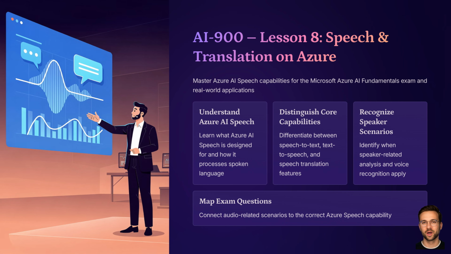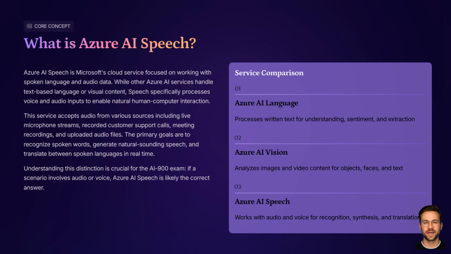Let's start with the overall idea. Azure AI Speech provides services to work with spoken language, while Azure AI Language focuses on text, and Azure AI Vision focuses on images and video. Azure AI Speech focuses on audio and voice.